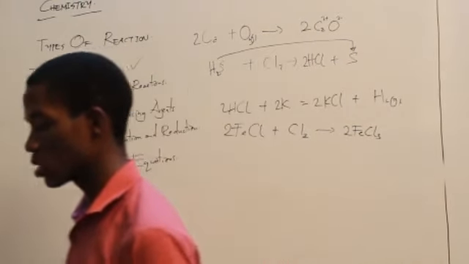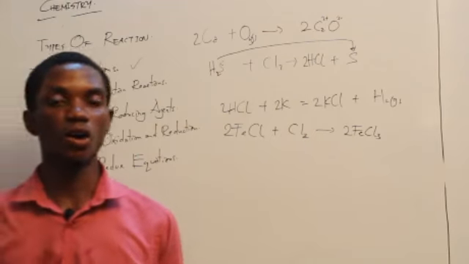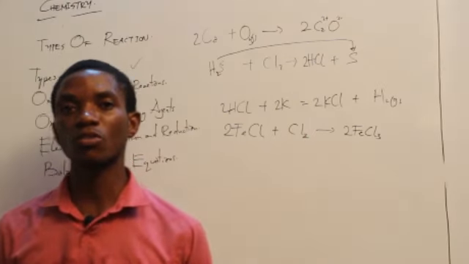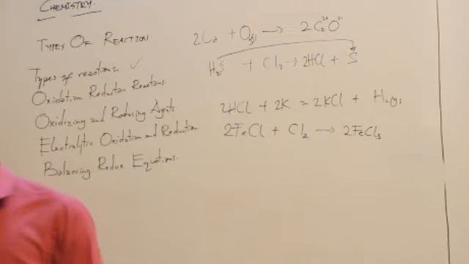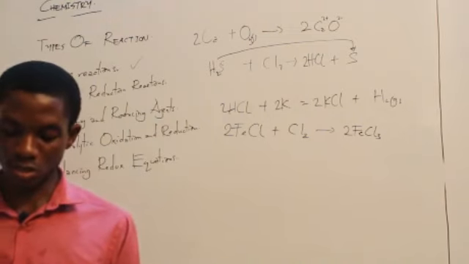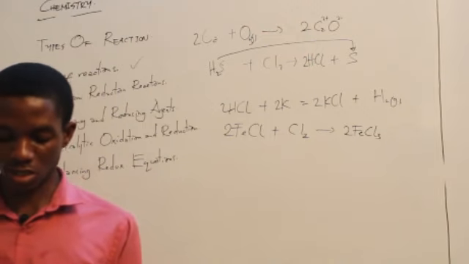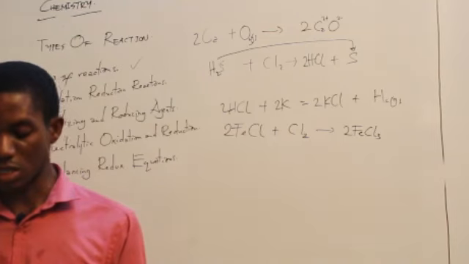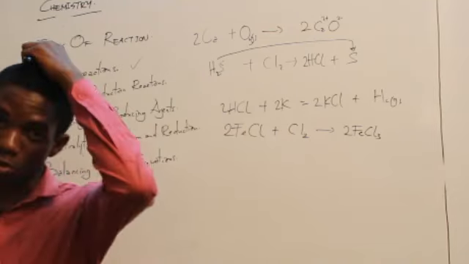Let's look at what oxidizing agents and reducing agents are. On your screen, a definition of an oxidizing agent would be displayed. An oxidizing agent is a substance which accepts electrons, while a reducing agent is a substance which donates electrons. So that's what we see come to play.